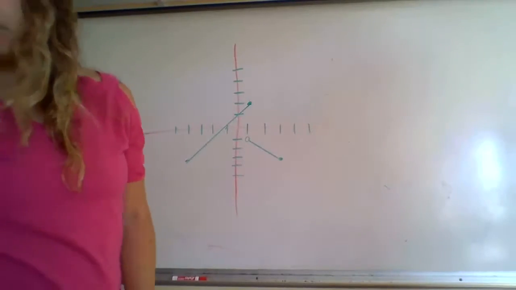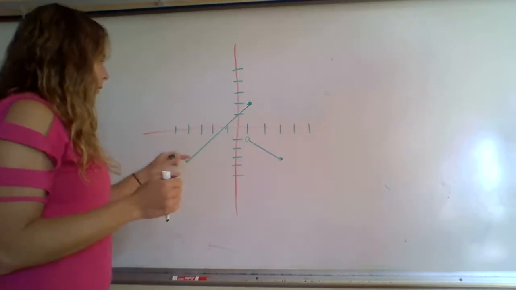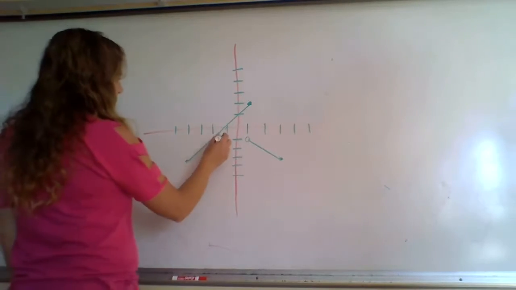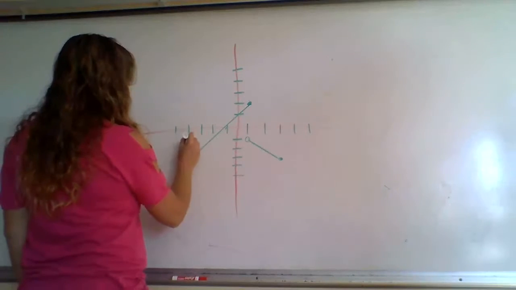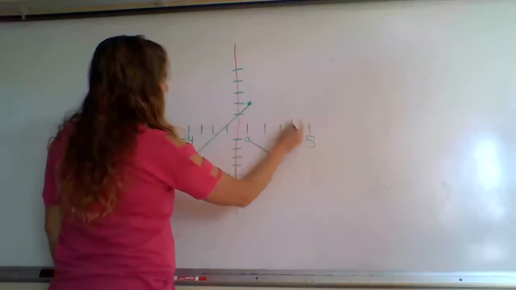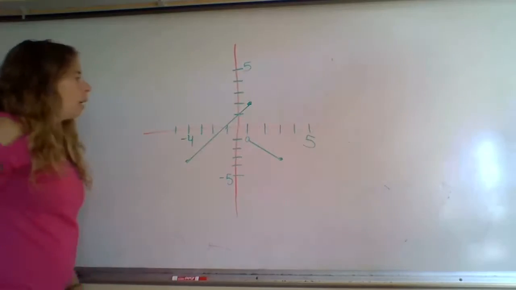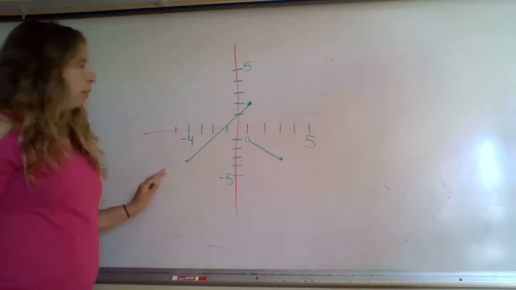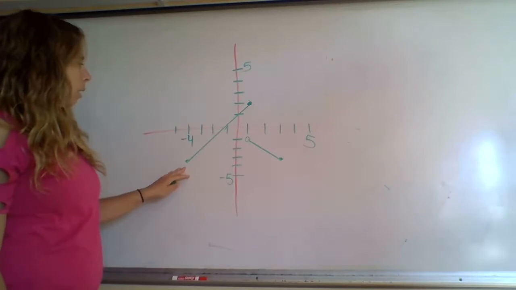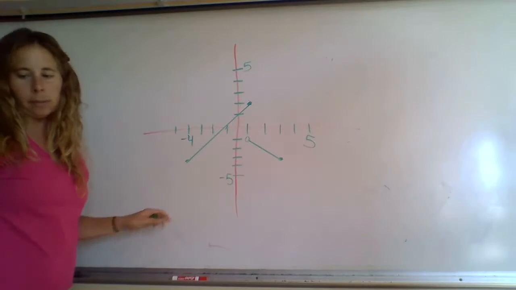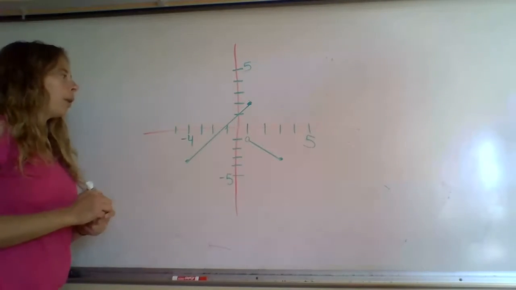All right, so number 3, you have a graph like this. Write the piecewise functions for the given graphs. So let me label some of this. This is negative 1, this is negative 4, negative 5, positive 5. So let's find the slope of this graph.